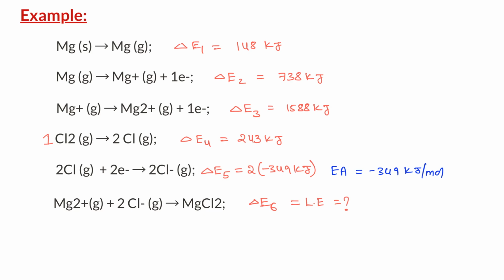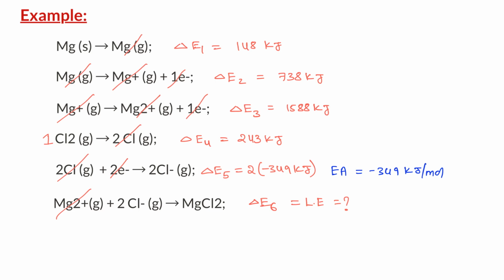If you add all these reactions, magnesium gas gets cancelled. Magnesium plus in the gaseous phase gets cancelled with magnesium plus in the gaseous phase. Mg2 plus and Mg2 plus get cancelled. 2 Cl and 2 Cl get cancelled. 2 moles of electrons on the left hand side and 2 moles on the right hand side get cancelled.